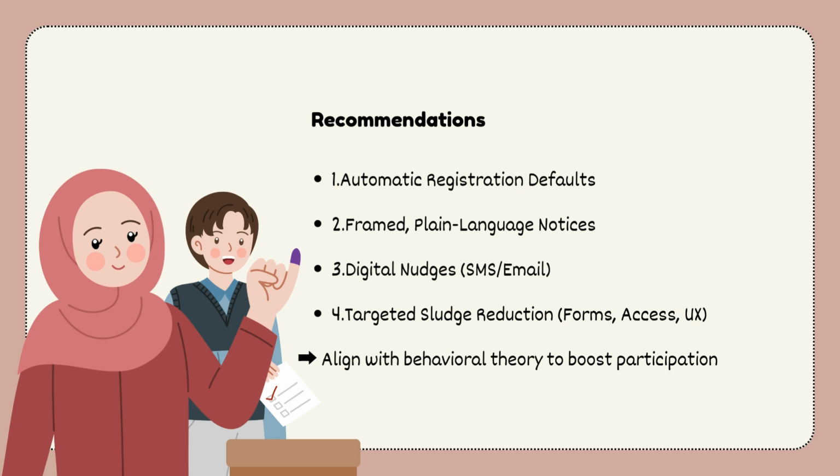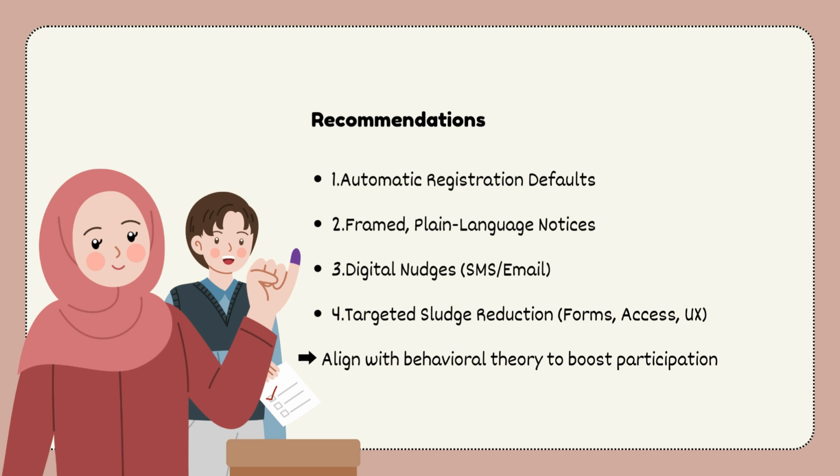Here are my recommendations: four ways Election Saskatchewan can improve its choice architecture. First, automatic registration defaults based on government data sets reduce friction. Second, behaviorally framed notices that highlight norms, simplicity, and urgency.